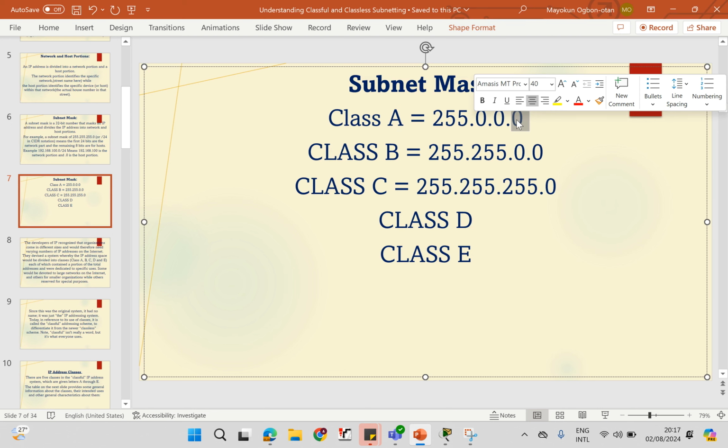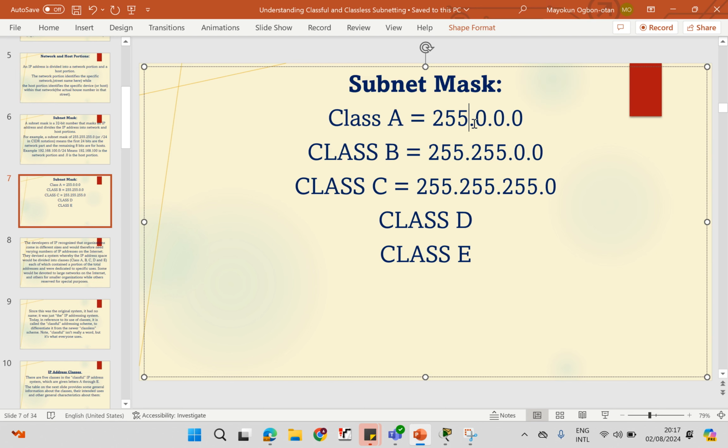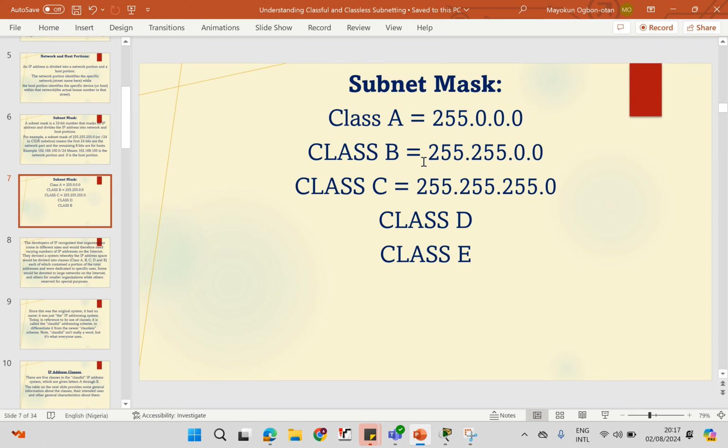You will now take it to the 123 11000 and remove another 0 and begin to subnet. But in classful, you can't do that within an octet. Your subnetting is once class A does not work for you, you move to class B. You can't subnet class A into another class or another subnet.